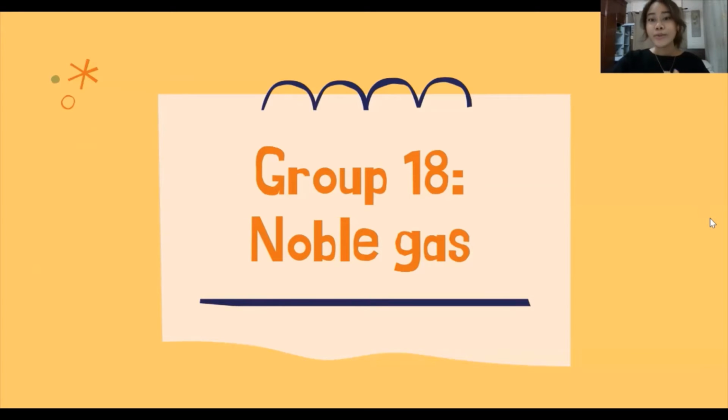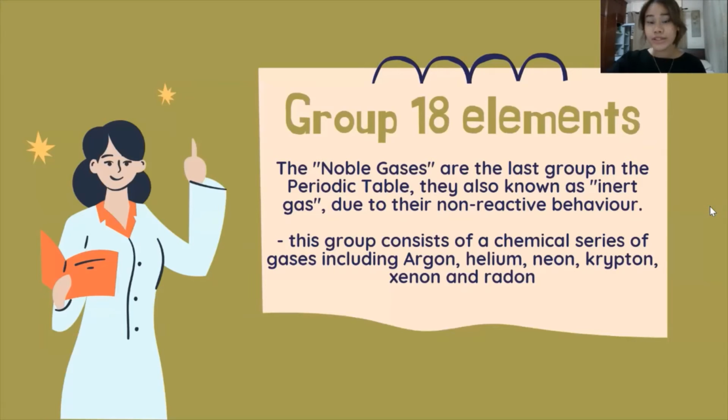So group 18, also known as the noble gases, is the last group in the periodic table. They're also known as inert gases. The reason they're known as inert gases is because they do not react with other elements in the periodic table. That is why they have non-reactive behavior.